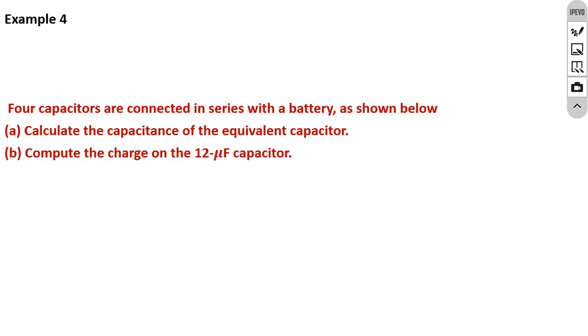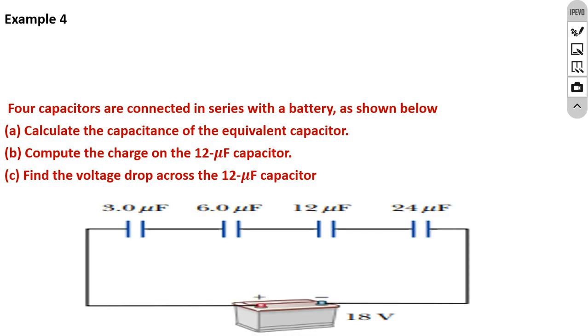Compute the charge on the 12 microfarad capacitor. Find the voltage drop across the 12 microfarad capacitor. This is the figure. Since the figure is here, let me take it again.